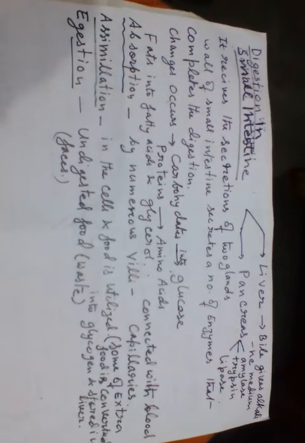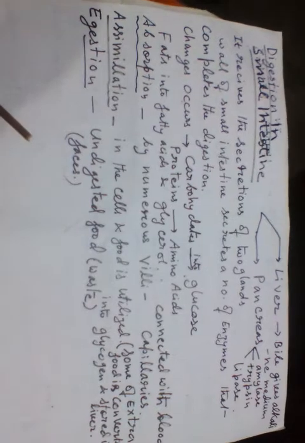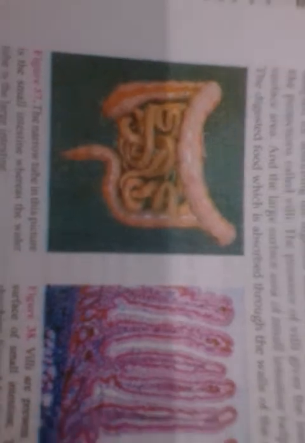After absorption of these materials, the solid, semi-solid waste called feces finally comes to the rectal area, where it waits for some time and is ejected from time to time from the anal region. So this completes the nutrition in human beings.